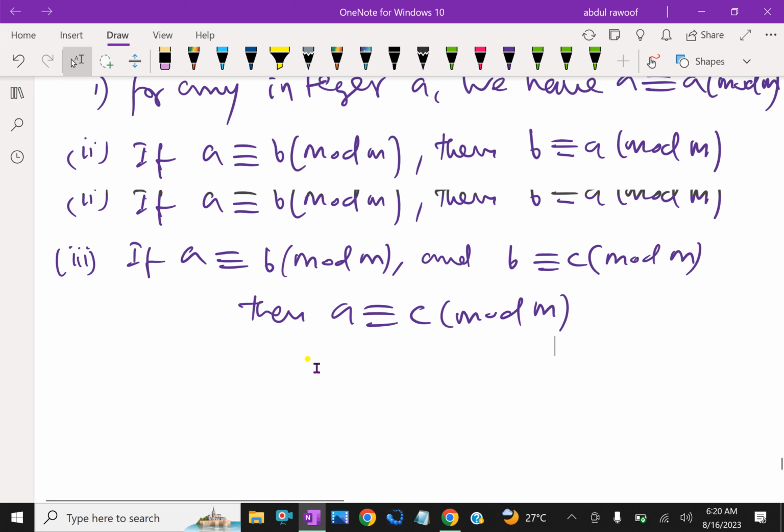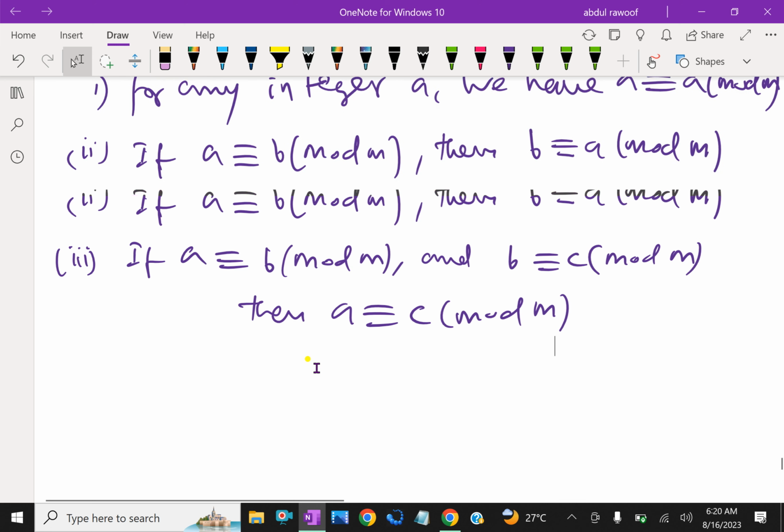Now residue classes. What is meant by residue classes? The set of integers that leave the same remainder when divided by a given modulus are residue classes. Further, for each integer a, we define the residue class of a as the set of all x such that x is congruent to a mod m.